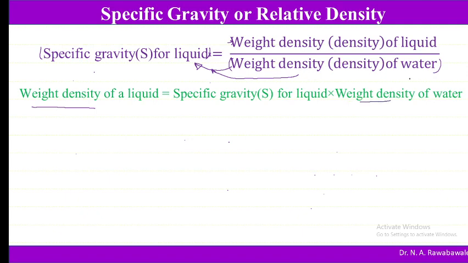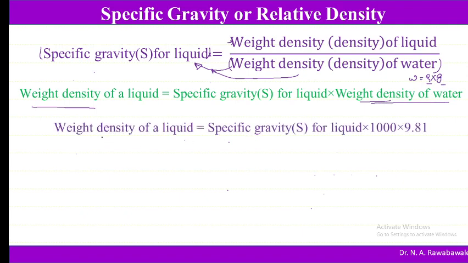Weight density omega is equal to mass density into acceleration due to gravity. Replacing this weight density by rho into g, we can rewrite this equation as weight density of liquid is equal to specific gravity as it is. This weight density is written as rho into g. So rho is nothing but 1000 for water. So rho, the density of water, is 1000 kg per meter cube.